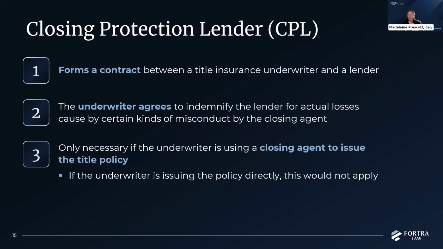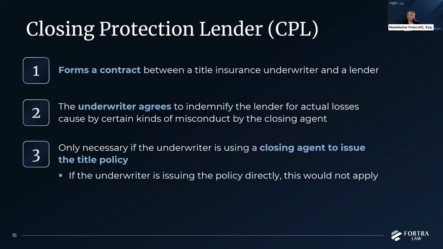In this case, the underwriter is not issuing the policy directly. They're using this agent instead. Usually you don't really get a lot of say in that. So you want to make sure you have coverage if they do something wrong and there's an issue down the line with title, so that there's not going to be a problem with you being able to recover for any losses that you incur.